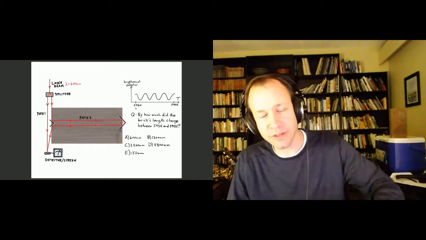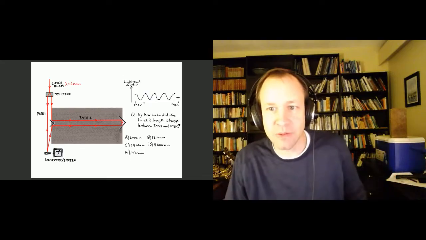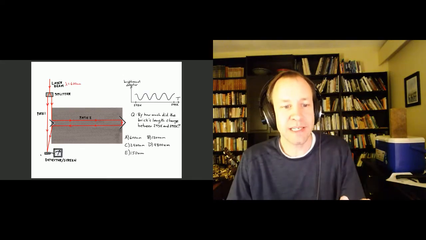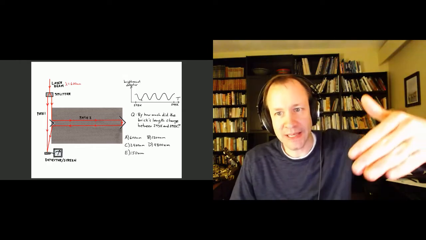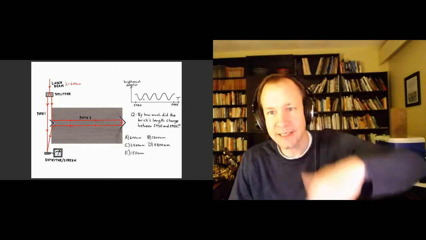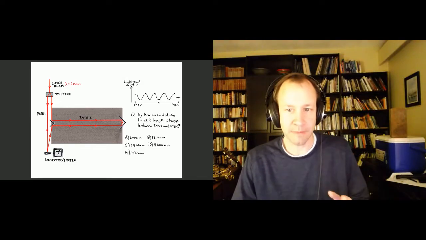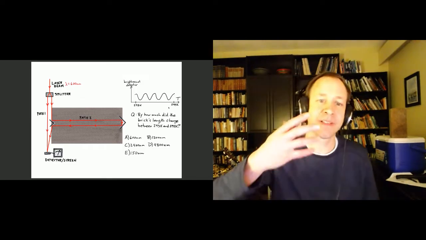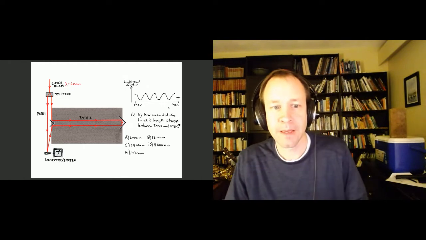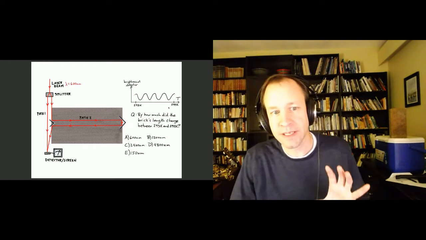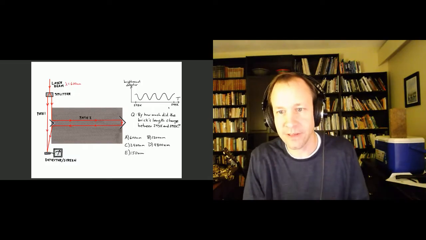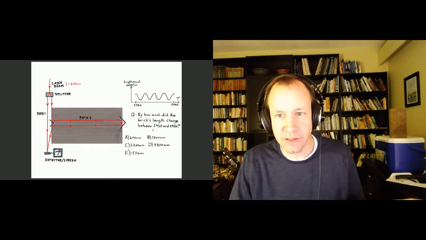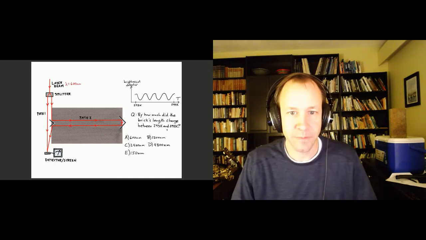So maybe it's already almost at room temperature, and it's heating up this 1 degree. And what we see on the screen is a pattern which is bright, and then it dims, and then it gets brighter and dimmer and brighter. And it does that 1, 2, 3, 4 times over this 1 degree Kelvin that the brick is heating up. So I want you to think about now, using our understanding of when you have constructive versus destructive interference, by how much did the brick's length change between 293 and 294?